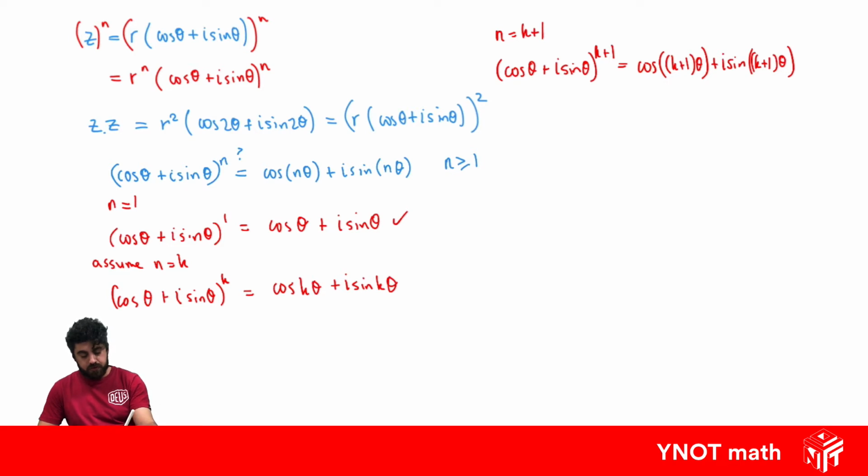So let's just tidy this up a little bit. Let's rewrite this as cos theta plus i sine theta to the k plus 1 equals cos of, let's expand this bracket out, so we're going to get k theta plus theta, plus i sine of k theta plus theta.